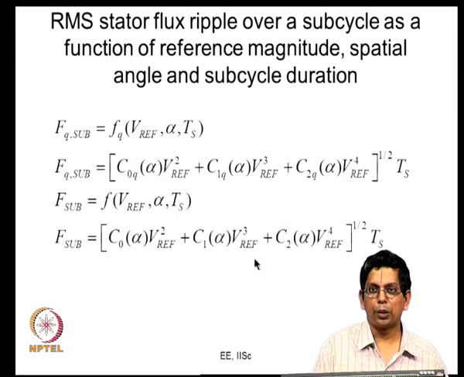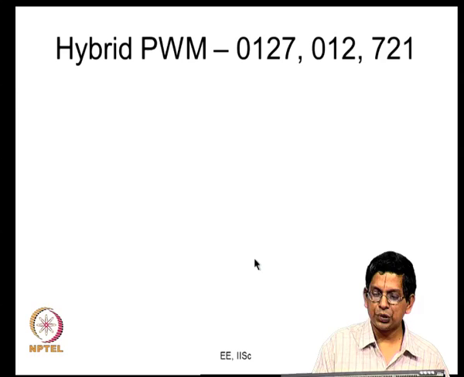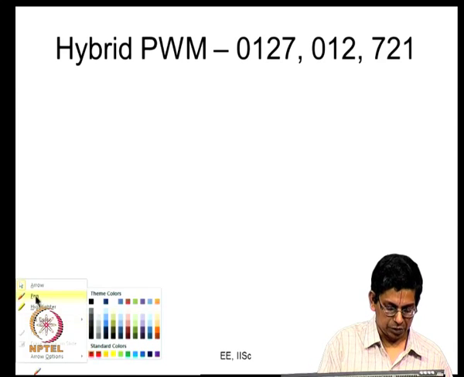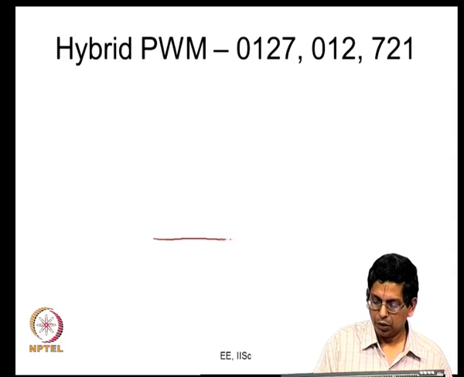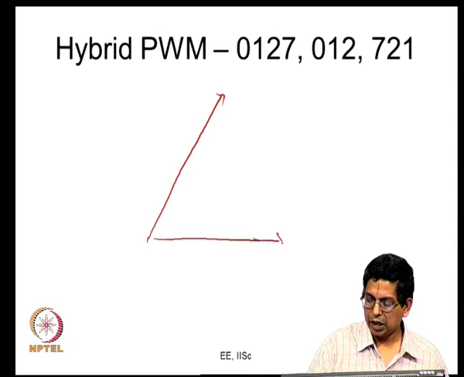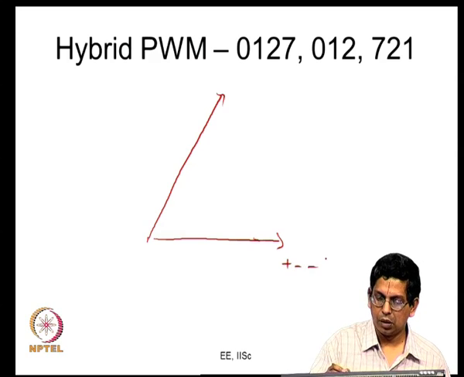It is possible for you to compute all this and compare them, and once you compare them, it is easy to generate many PWM methods. For example, you take your sector 1, this is your active vector 1, this is your active vector 2.